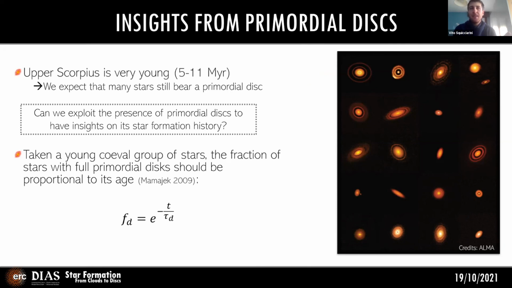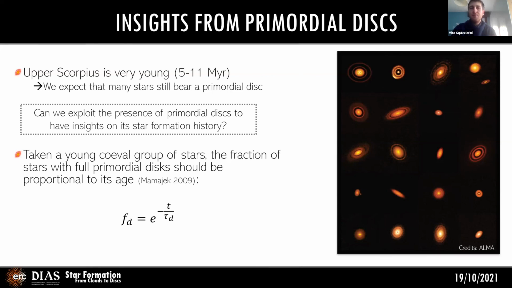It is an exponential function. So if we assume a time scale for the decrease of the number of disks in a population, we can get an idea of its age, measuring the fraction of stars that still bear a primordial disk.